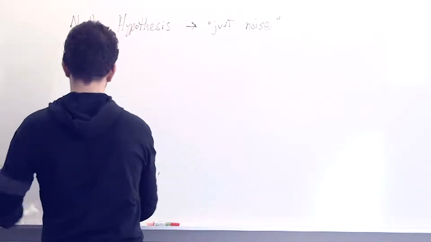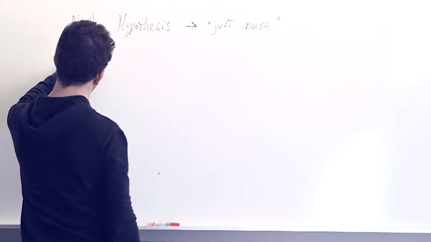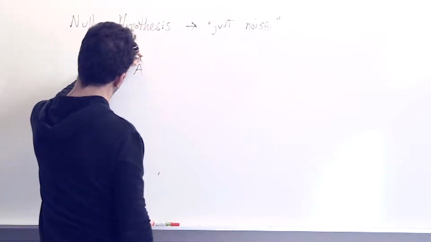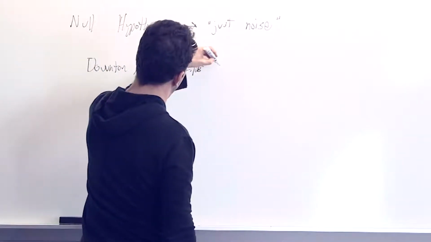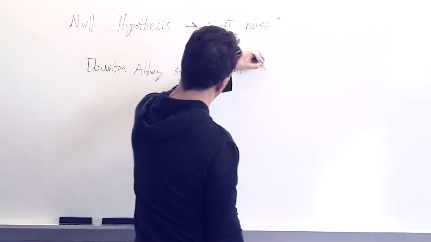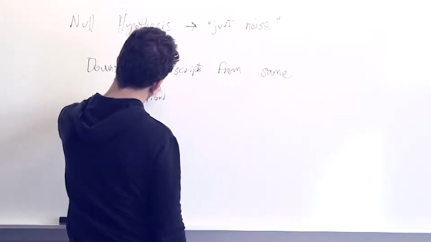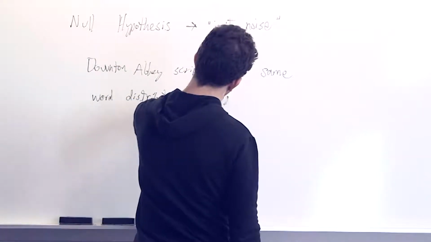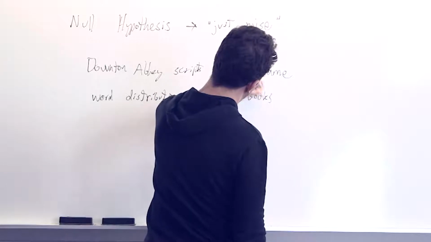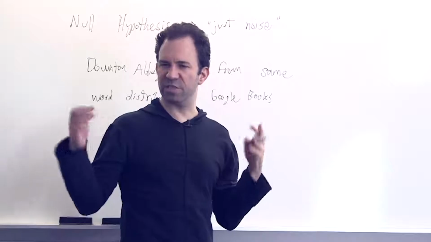And I'm being a little more technical here: the null hypothesis is that Downton Abbey's scripts are drawn from the same word distribution as Google Books of the same era, right? I don't know, it's around World War I. I'm not sure exactly which years he used.